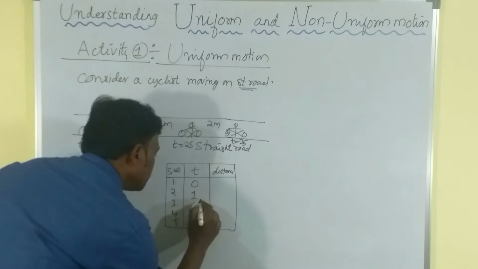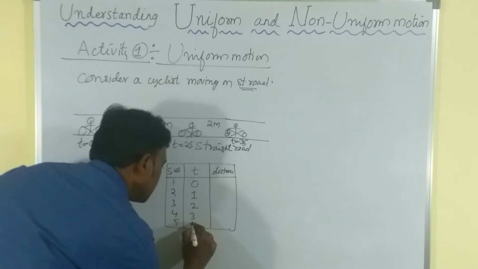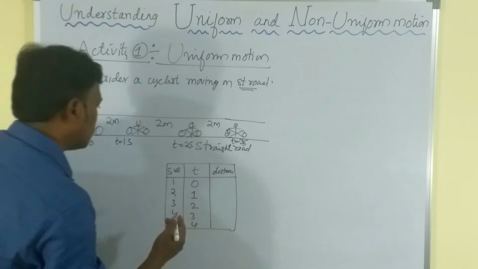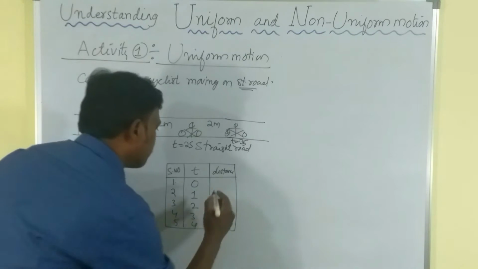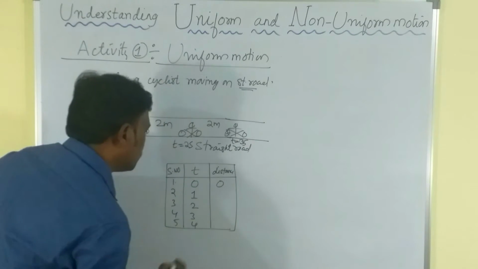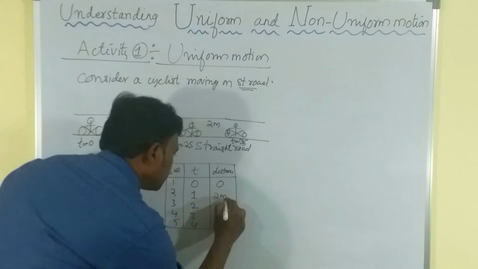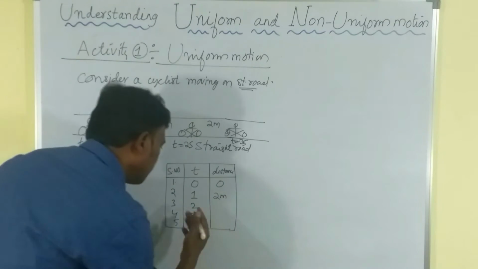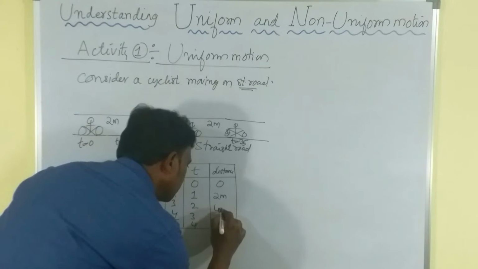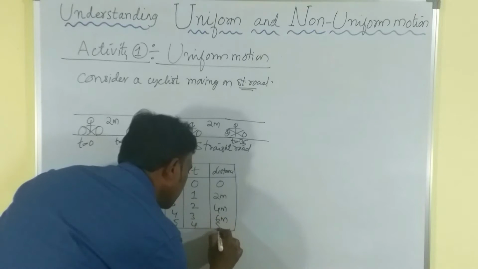So t is equal to 1 second, 2 seconds, 3 seconds and 4 seconds. After 1 second it is 2 meters. And after 2 seconds another 2 meters, total 4 meters, then 6 meters and 8 meters.